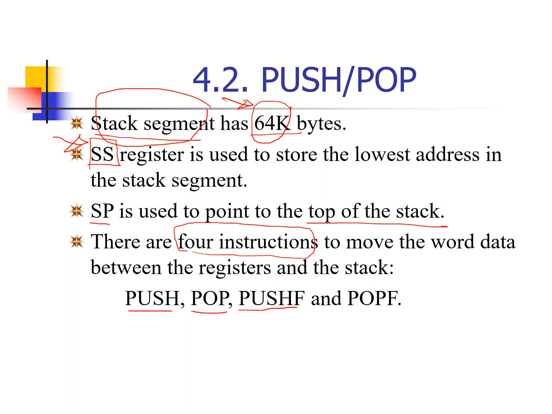You can push your flag register, you can get it back by pop. So you can push 16 bits of data inside your stack memory segment by push. You can get it back by pop, and you can as well store your flag bits inside your stack memory segment by push F, and you get it back by pop F.